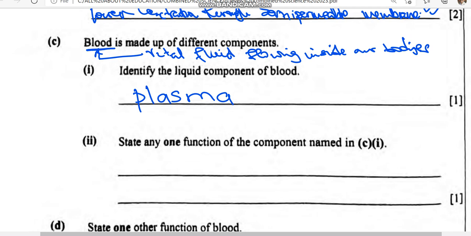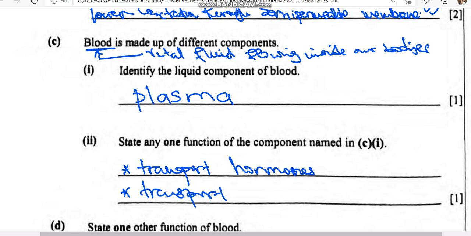So this plasma performs different functions. Number one, it transports hormones. And also, it transports nutrients.